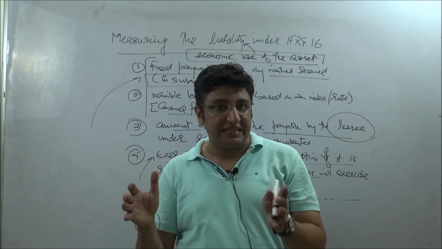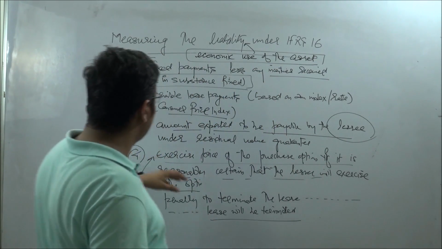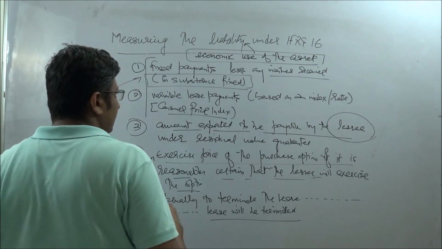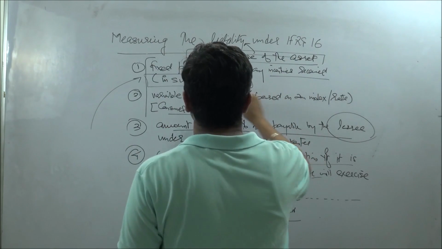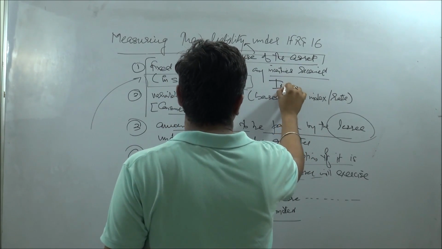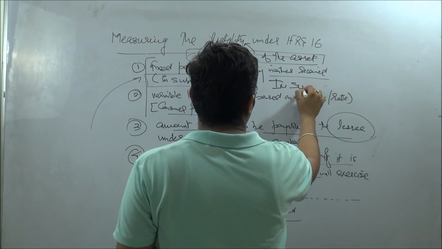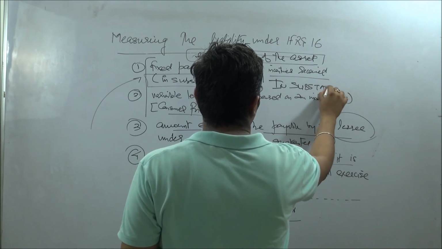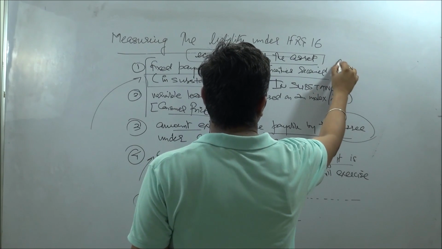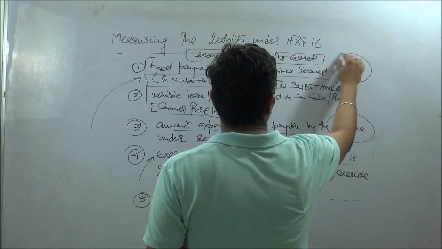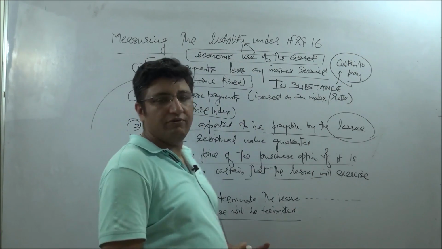So when you look at these kinds of instances, you need to bring into consideration that in substance, that is the key element. In substance, are you certain to pay something which is fixed in nature?